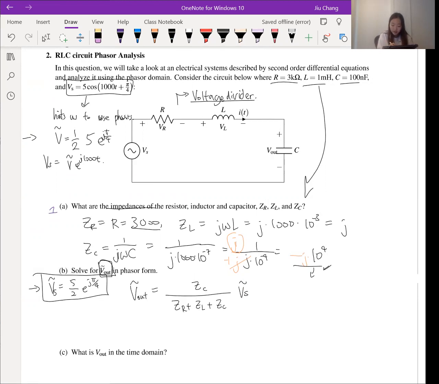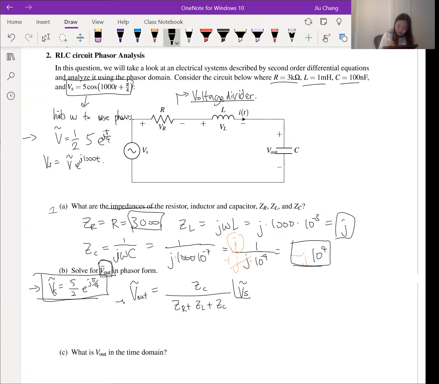So we have this normal voltage divider formula where the voltages are replaced with the phasor versions and the resistances are replaced with the impedances. And we plug in the impedance values and the phasor here.